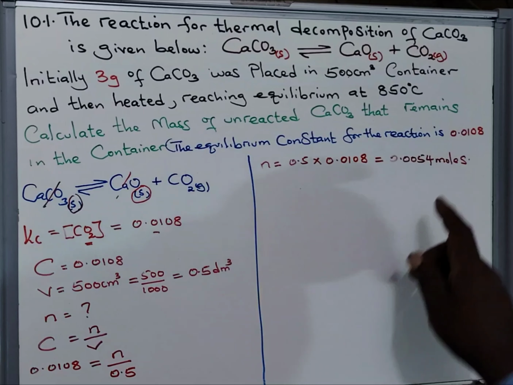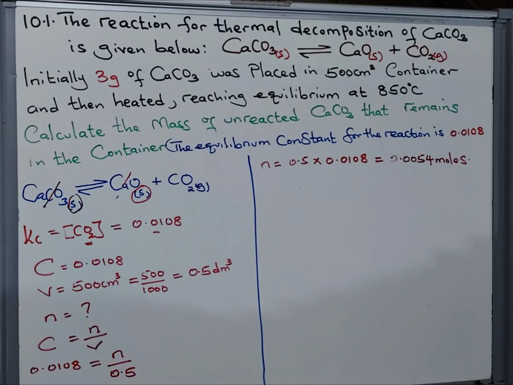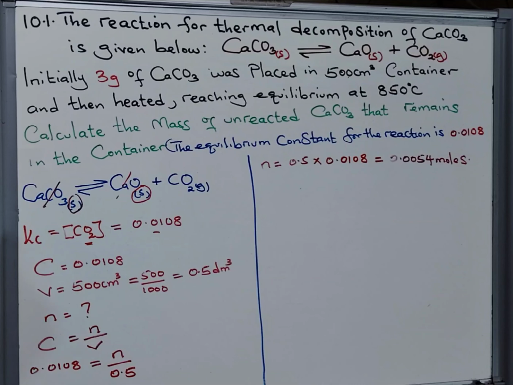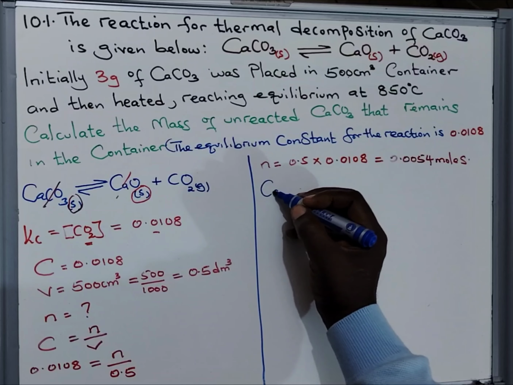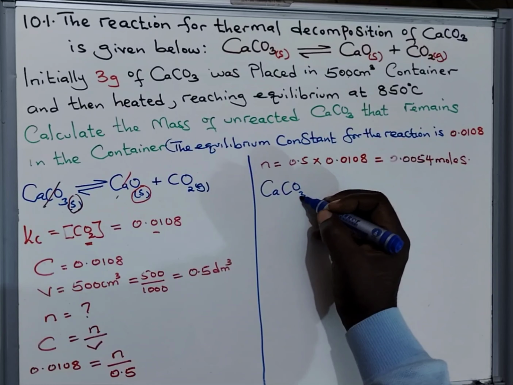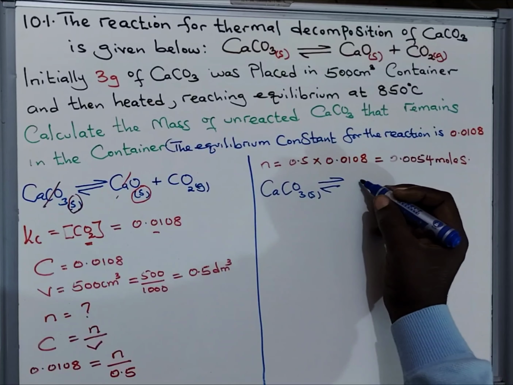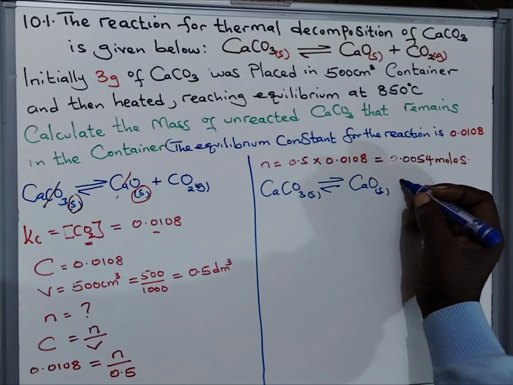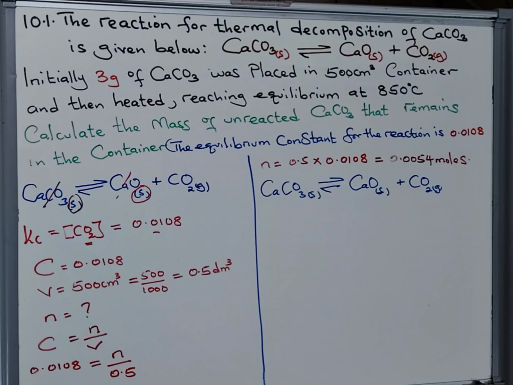But we need to know that these moles are for carbon dioxide, because you have to remember where we started from. So the next step is to have the equation again. The equation is calcium carbonate solid giving us calcium oxide solid plus carbon dioxide gas.